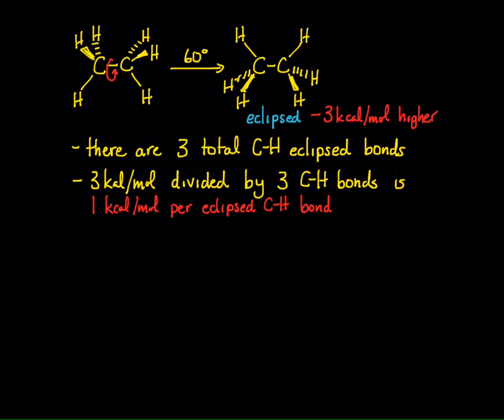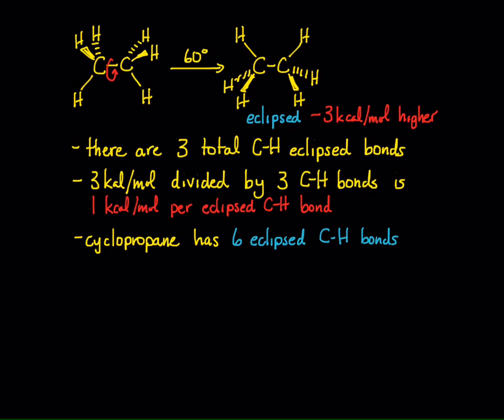Makes sense? So we can then look at how many eclipsed carbon-hydrogen bonds cyclopropane has. And as we go around, we actually see that there are 6 eclipsed carbon-hydrogen bonds.